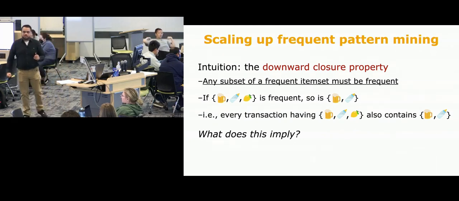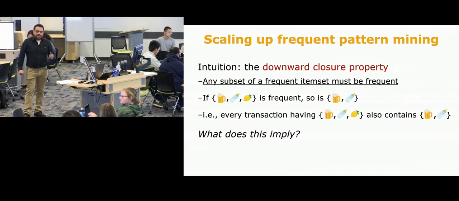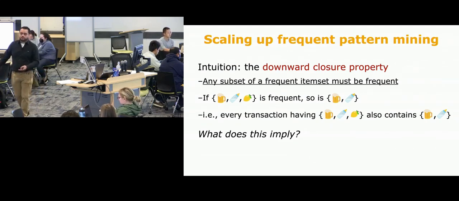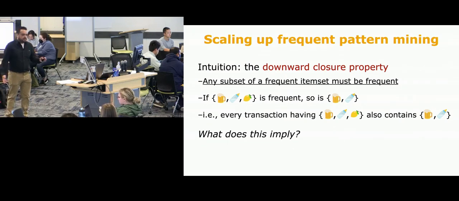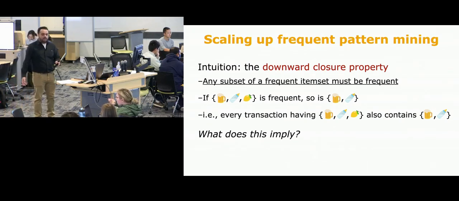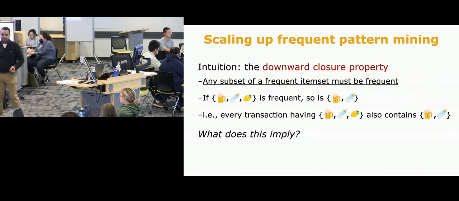So this property is called the downward closure property, and it essentially says that any subset of a frequent item set must also be frequent. Okay? So if milk, beer, and lemon are frequent, then so is beer and milk, right? The reason is self-explanatory: every transaction that has milk, beer, and lemon also contains milk and beer.